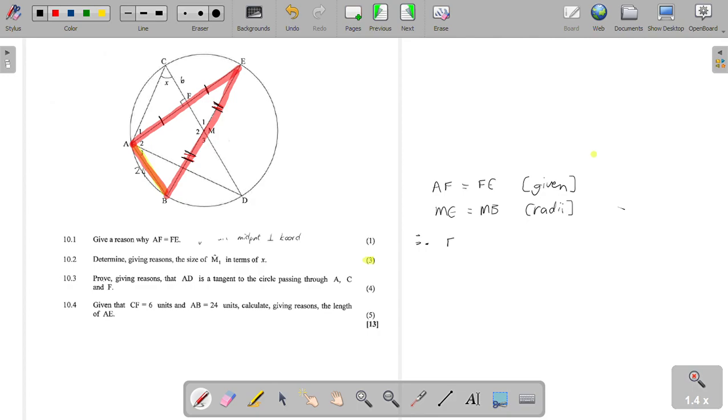Dit wil sê FM is gelyk aan 12 eenhede, middelpuntstelling. Hoekom? Want onthou die middelpuntstelling sê vir ons as daai en daai halveer word, dan is daai helfte die lengte van daai. So that's what I did here. If this one is 24, then that one is 12. Okay, so nou weet ek dat die radius van die sirkel 18 is.